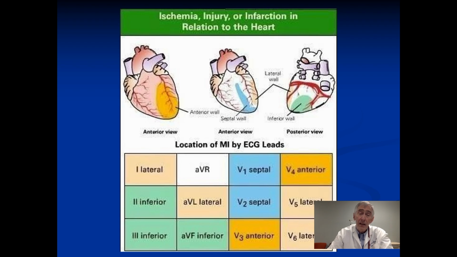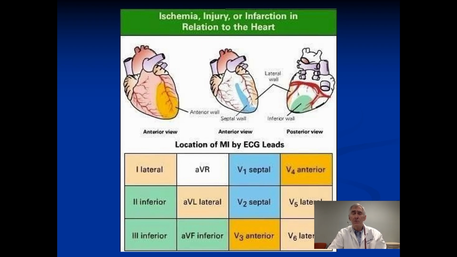Now, the inferior leads, in other words, 2, 3, and AVF, which we showed on the axis, can sometimes imply that there is inferior infarction here on the bottom side of the heart, and sometimes can go all the way to the posterior part of the heart.